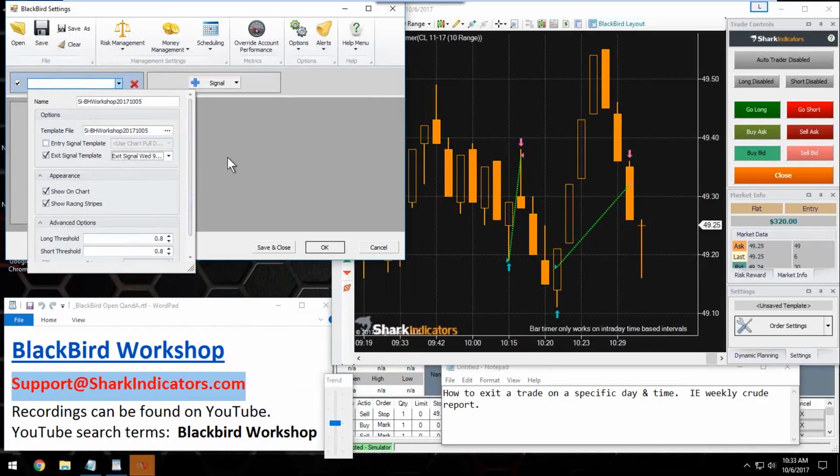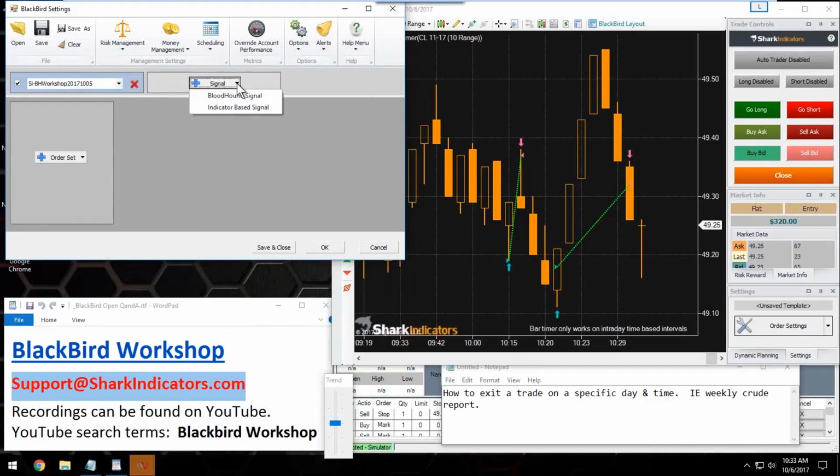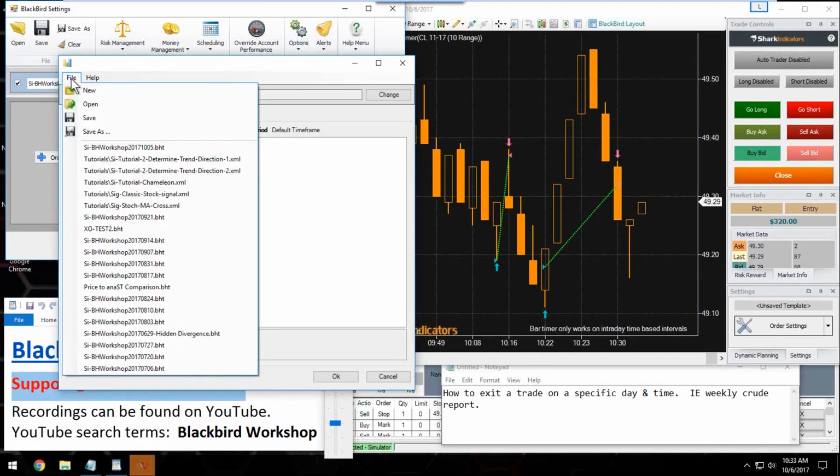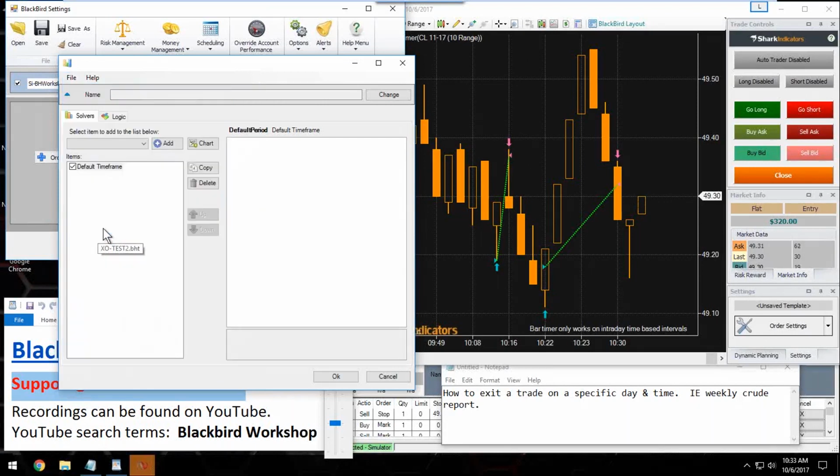And if you want, you could set up another BloodHound signal component. Let me just use my crossover test here. The point being, you can load up as many BloodHound templates as you want in BlackBird.